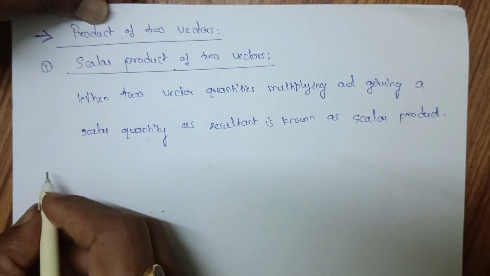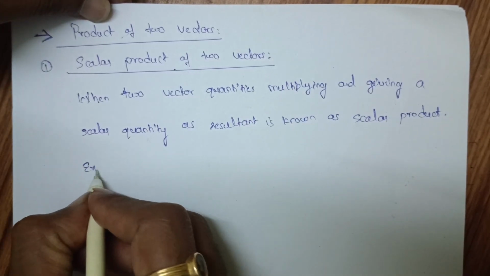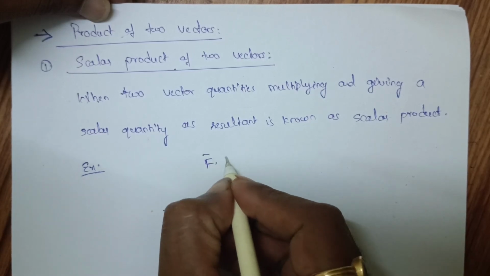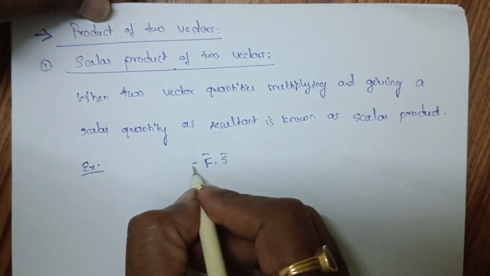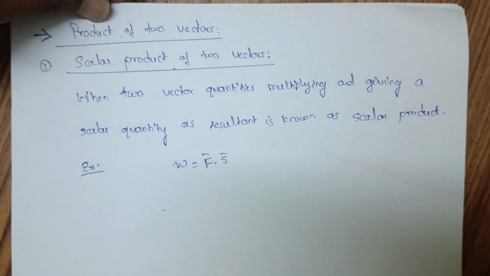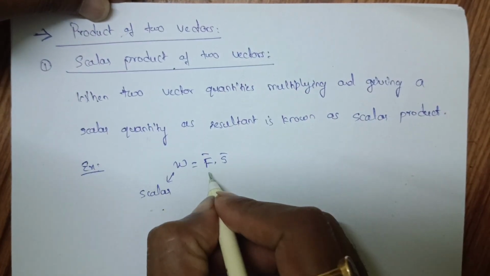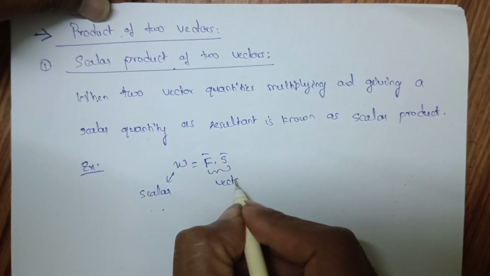Scalar product or dot product. For example, force is the vector and displacement is the vector. It gives work. Work is the scalar. So this is scalar and these two are vectors.